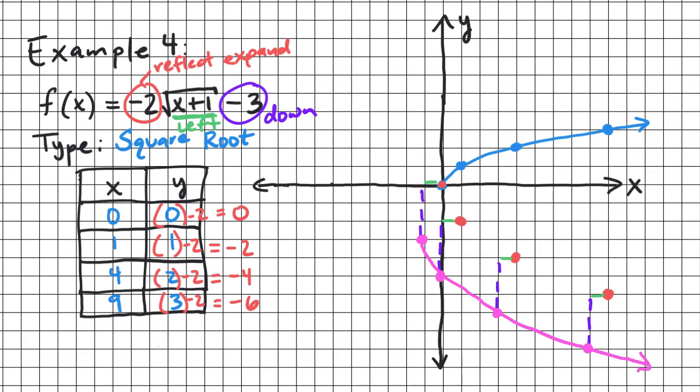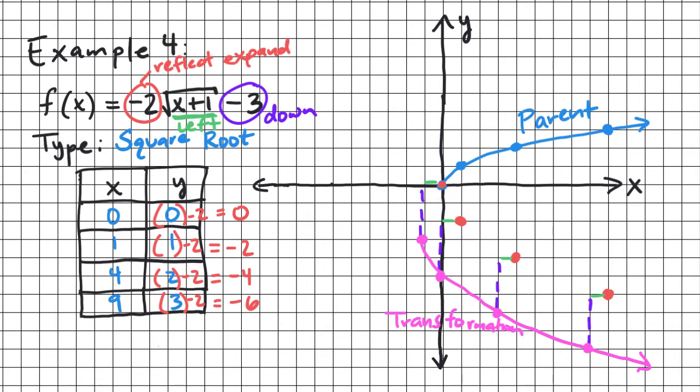Following graph. All right, so we have the parent in blue. The transformation for this problem is in pink, because I didn't want to use red twice.